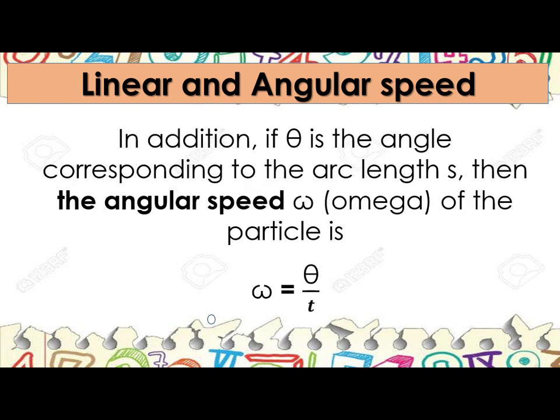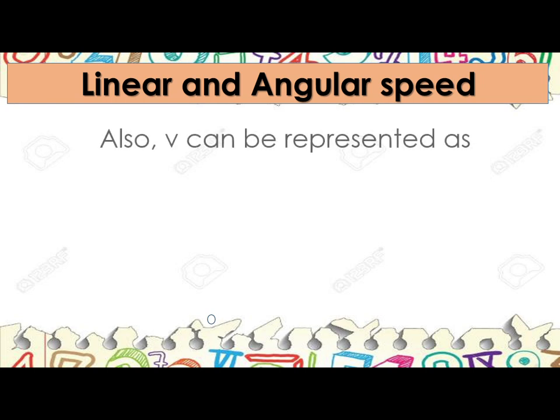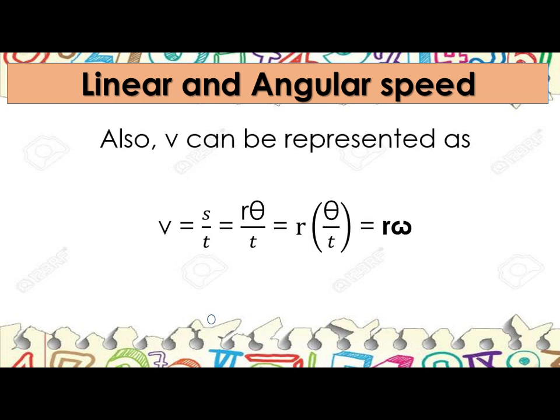So you just need to plug in. That will be equal to R times omega, the angular speed you have. You just need to multiply the radius and the angular speed, if that will be the given, for you to know the linear speed. That will be the concept.